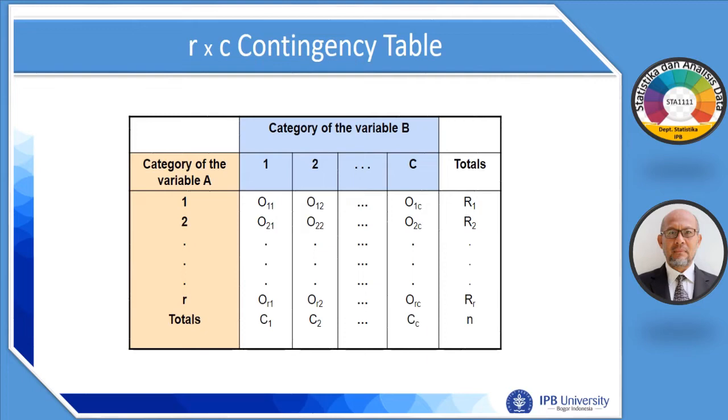On the other side, in column 1, for example, if you sum O11 plus O21 until OR1, then you will have C1, followed by C2 until CC. The total of rows and the total of columns will be the same, and we give the symbol n, small n, meaning that this is the total of observations.